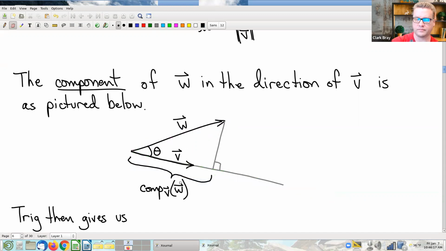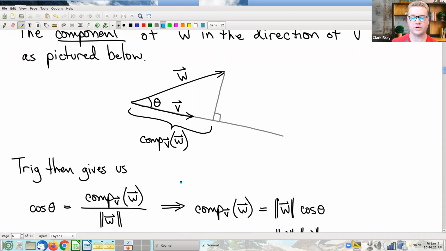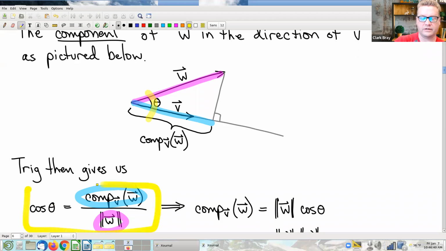Okay, so easy to compute as it turns out. A little bit of trig. Looking at this distance here is the magnitude of W. This distance here is, well, that's the component we're trying to find. And then there's that angle, and trig gives us that simple relationship right there.